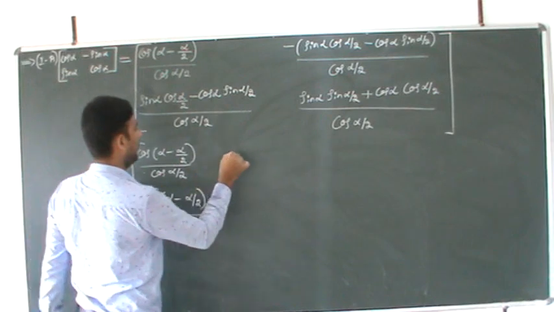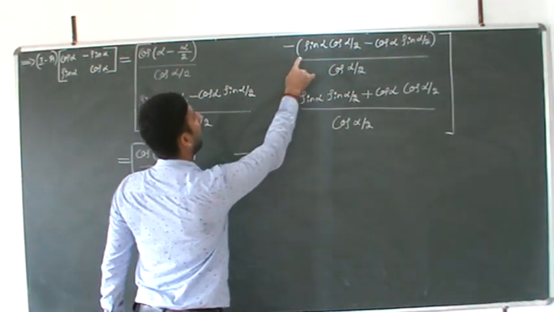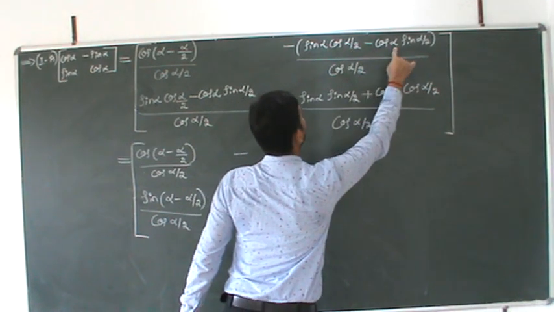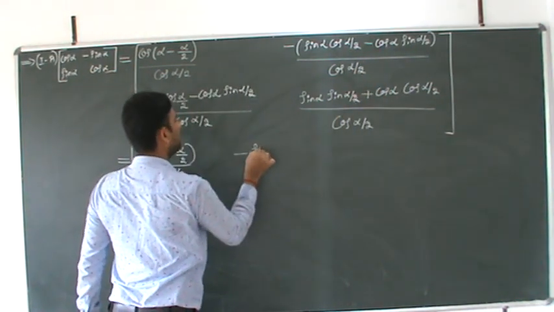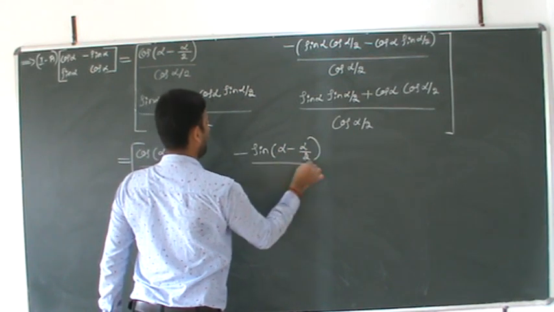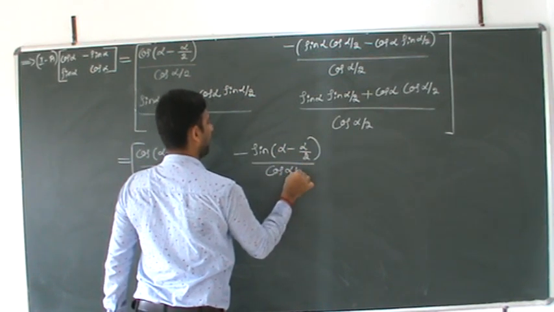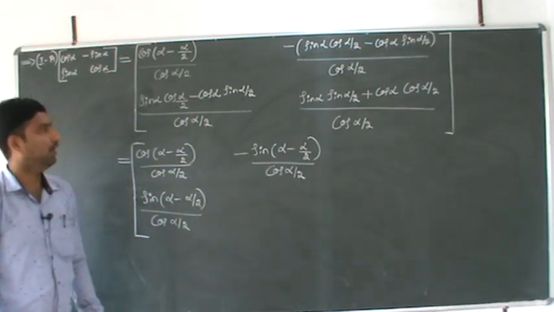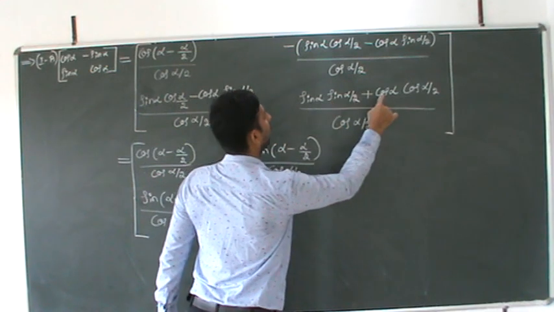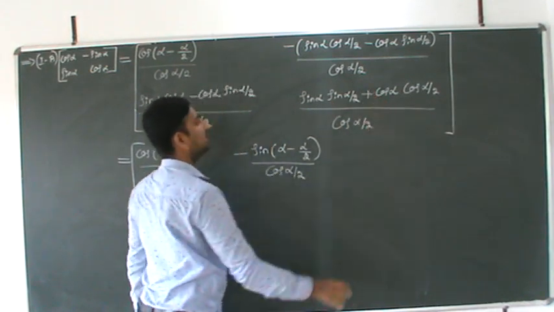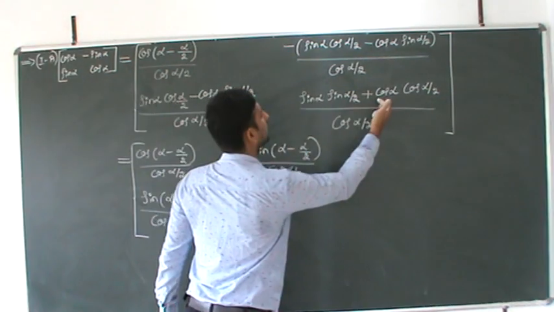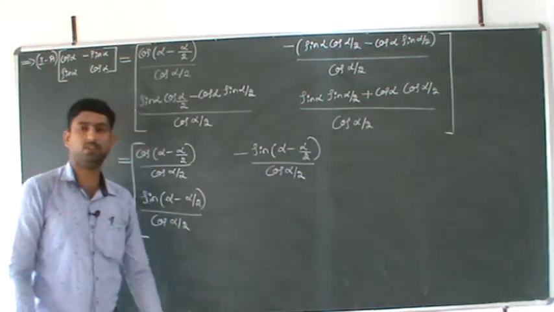After that, minus common, as it is: sin A cos B minus cos A sin B, minus of sin of alpha minus alpha by 2, whole divided by cos alpha by 2. After that, cos A cos B plus sin A sin B, cos of A plus B. Cos of A minus what is the formula?